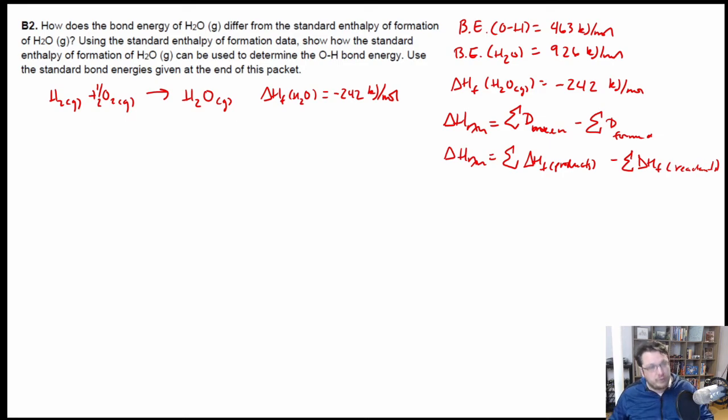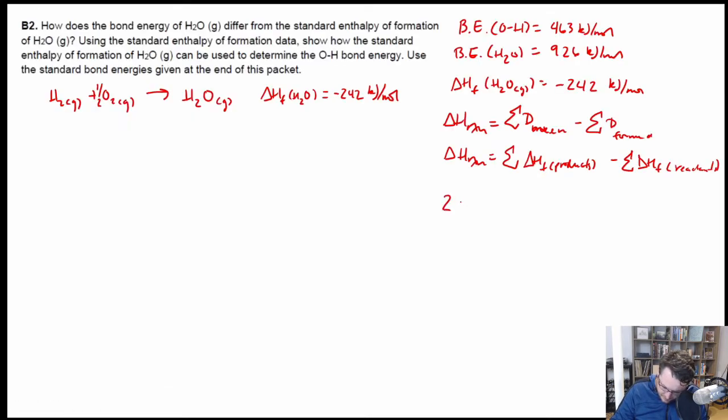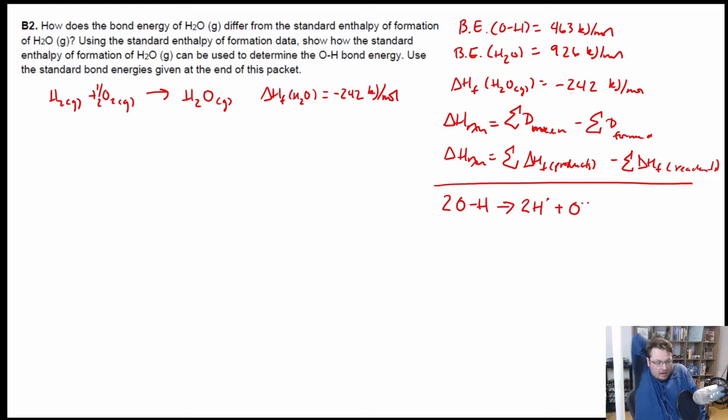If we were to write out the reaction of OH breaking apart and releasing all of that energy, ultimately the 2 OH bonds would break apart, and you would form 2 H dot atoms and 1 O dot dot atom. So 1 oxygen that has 2 unpaired electrons, and 2 hydrogen atoms that each have 1 unpaired electron.